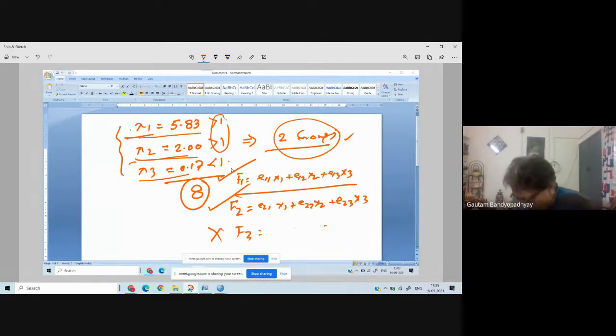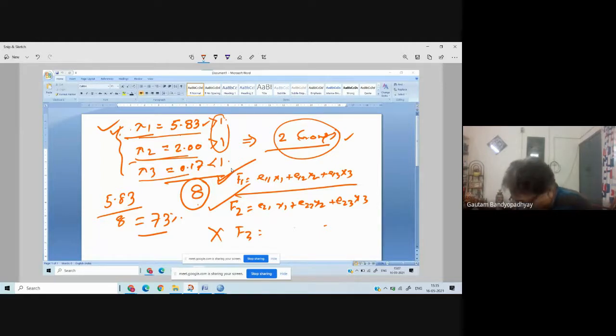From the first eigenvalue, 5.83, out of 8, how much is explained? 5.83 divided by 8 is 73% explained by the first factor.